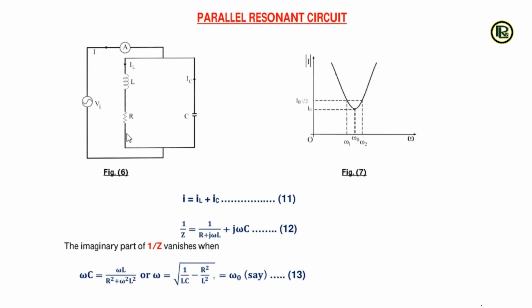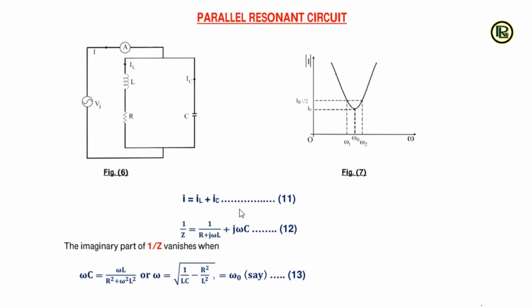I have L and R in series in one of the branches, and then in another branch I have C. So this is a parallel combination of LCR, and then I have an AC source Vi, and the current can be measured with the help of an ammeter.